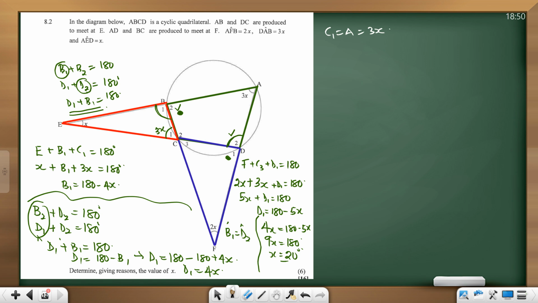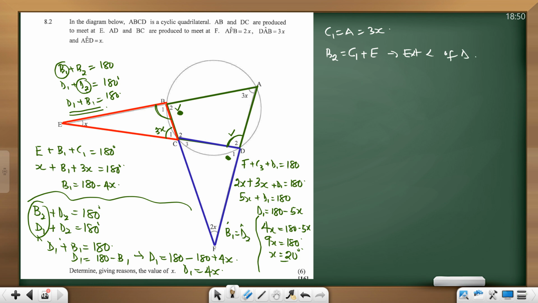Yes. Okay. And then I said angle B2 is equal to angle C1 plus angle E. Exterior angle of a triangle.